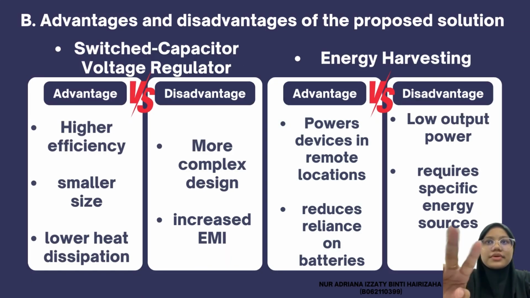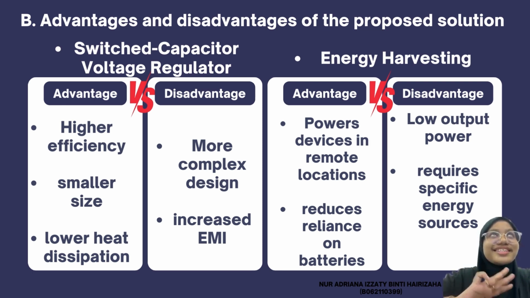The second element is advantage and disadvantage of the proposed solution. For the first, switched capacitor voltage regulator, the advantage is higher efficiency, smaller size, and lower heat dissipation, and the disadvantage is more complex design and increased EMI.